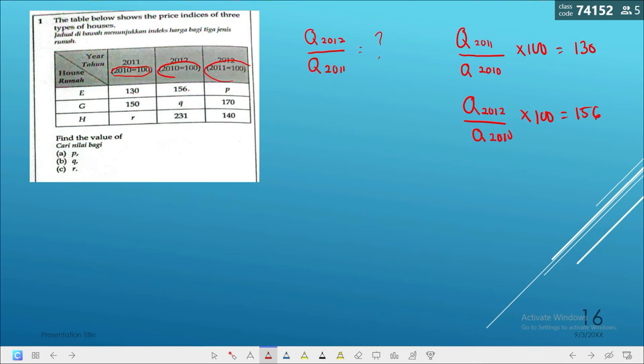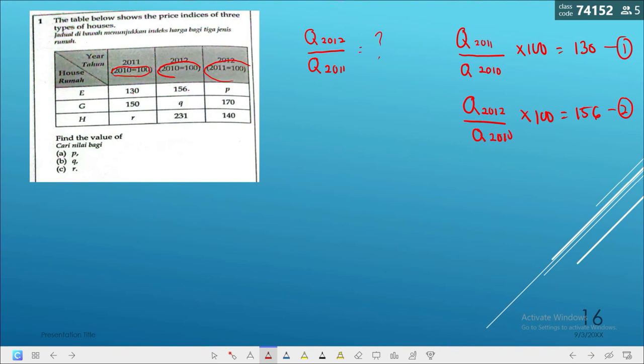So now how do we get 2012 divided by 2011, the index for this one? This is the first equation, this is the second one.